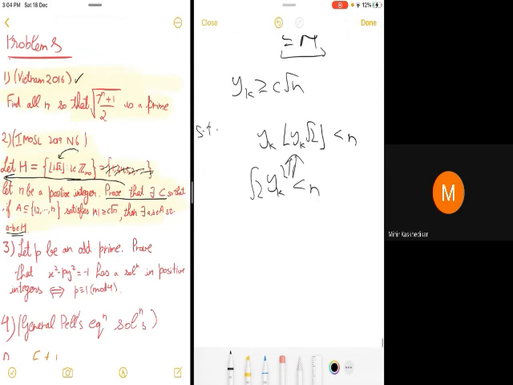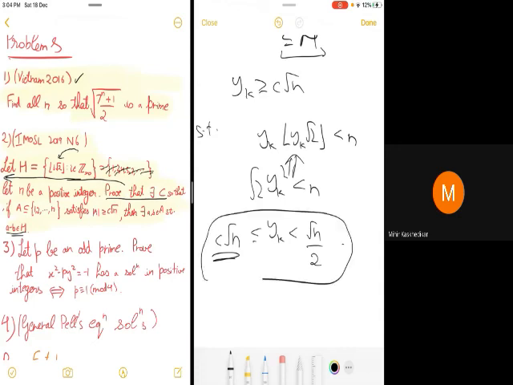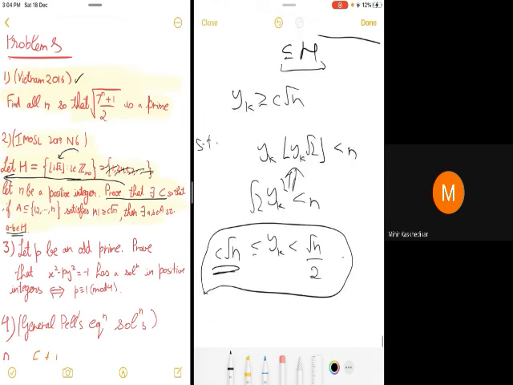And let's go with yk less than root n over 2. So we need to find a yk which is less than root n over 2 and greater than c root n. So this is easy. We automatically got the bound that we wanted.